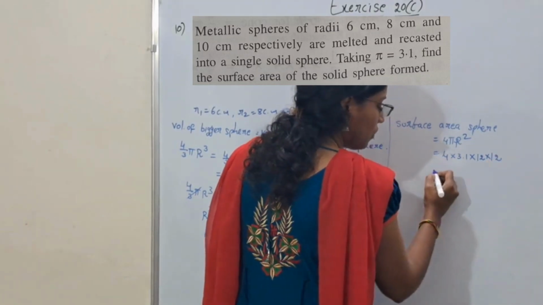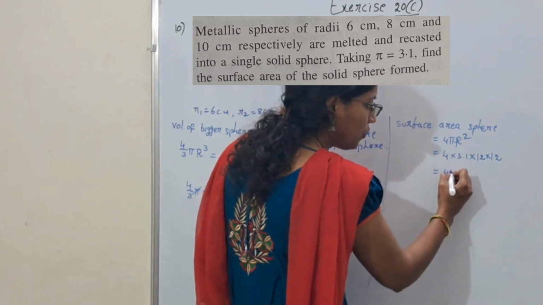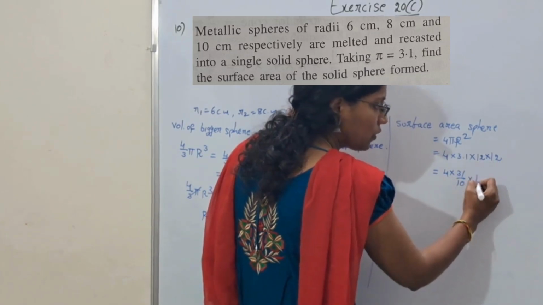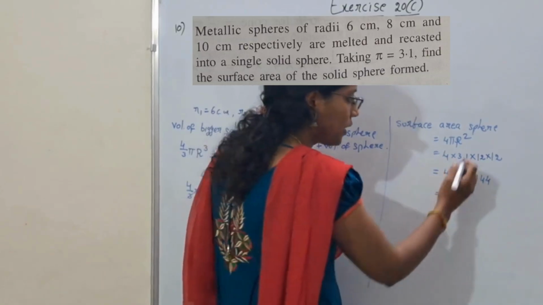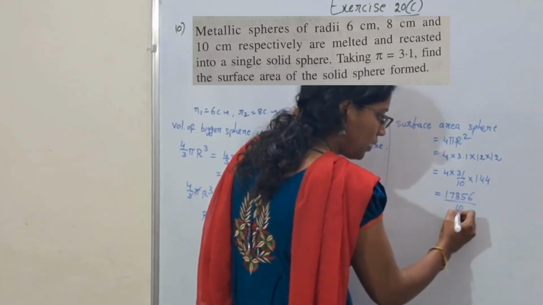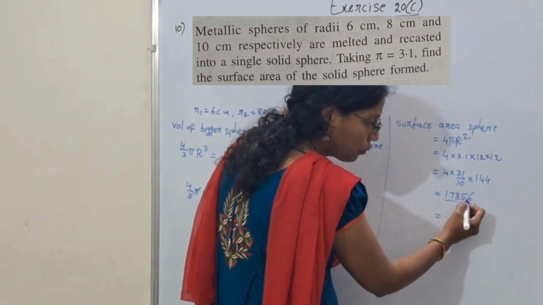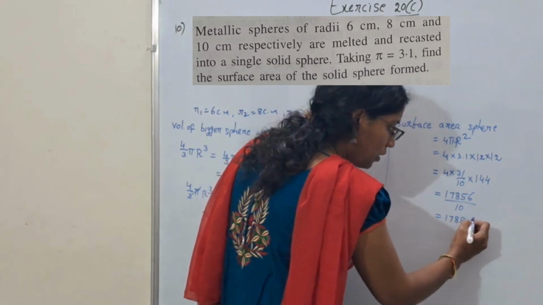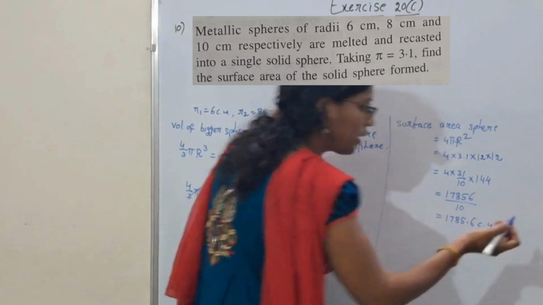Here 12 into 12, totally we have to multiply. The decimal point we have to remove: 4 into 31 by 10 into 12 into 12 is 144. Numerator we have to multiply, we will get 17856 by 10. Denominator has one 0, so we put one decimal point before 6. Area, centimeter square, it will come.